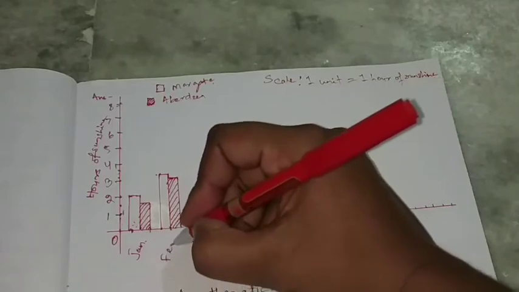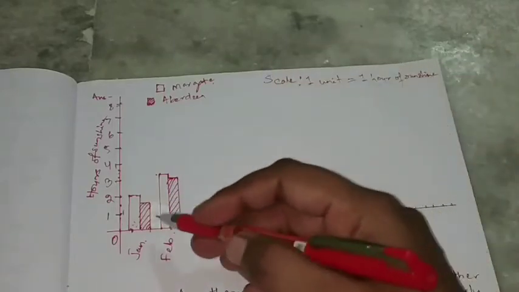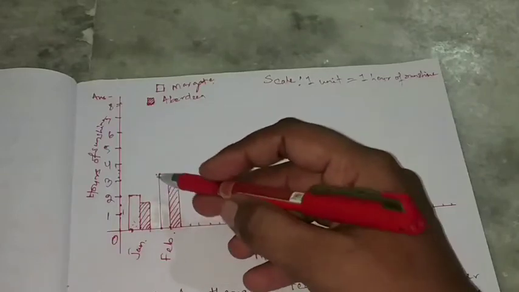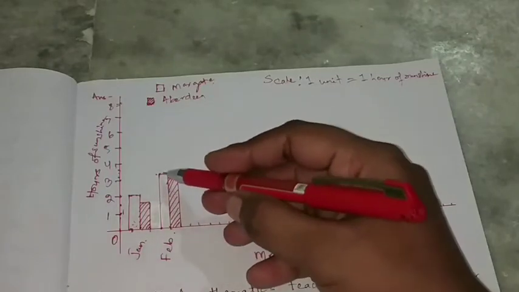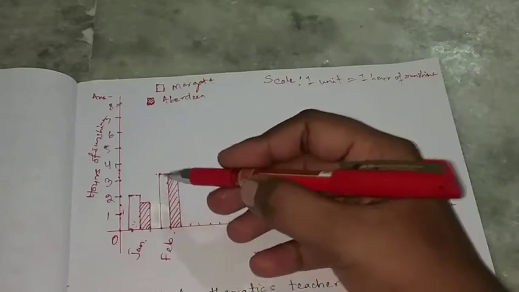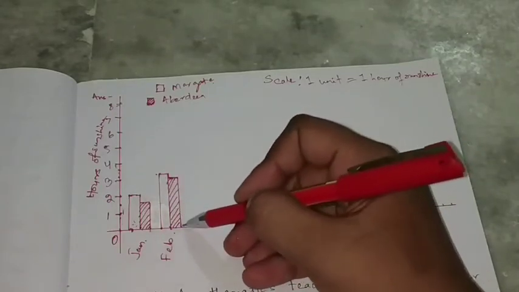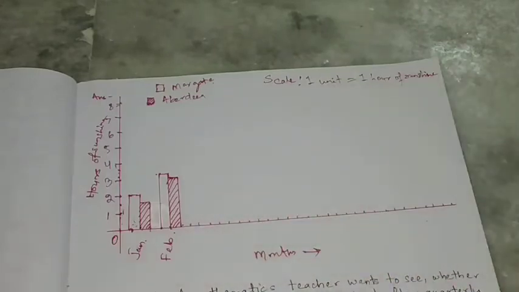So this is for February. So in February, in Margaret 3 and 1/4 hours of sunshine, and in Aberdeen 3 hours of sunshine. Okay, that is average hours of sunshine.